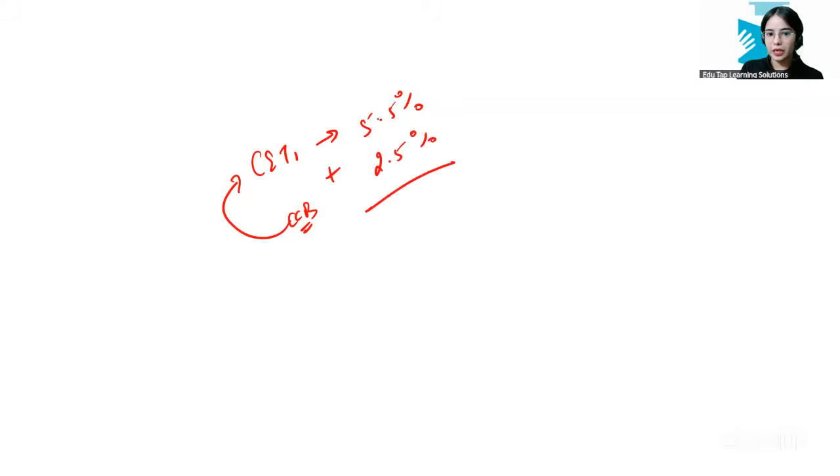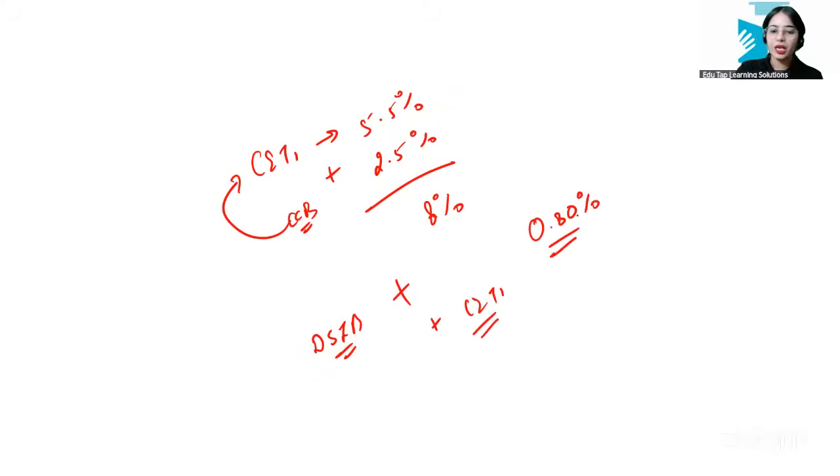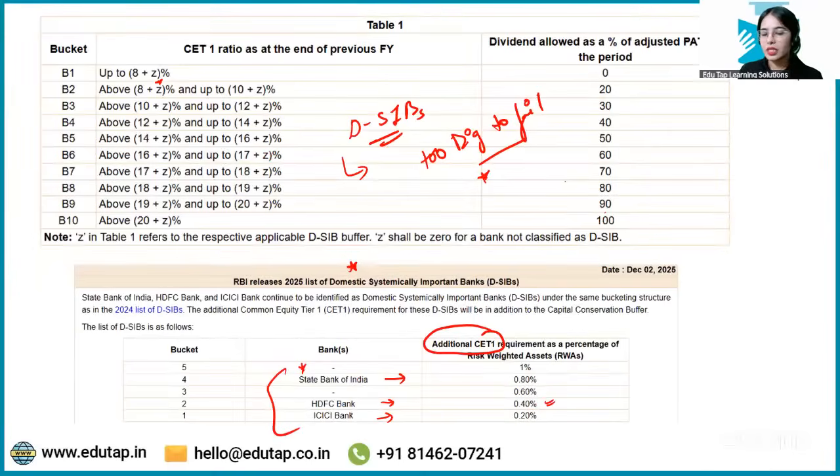So this is how much? 8%. In addition to this, the domestic systemically important banks have to maintain the additional common equity tier 1 of 0.80% for the State Bank of India, 0.40% for the HDFC Bank, 0.20% for the ICICI Bank.